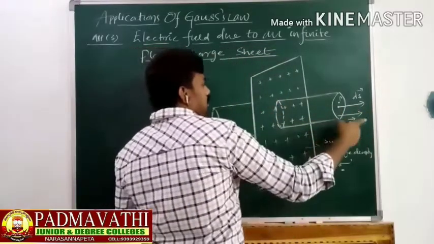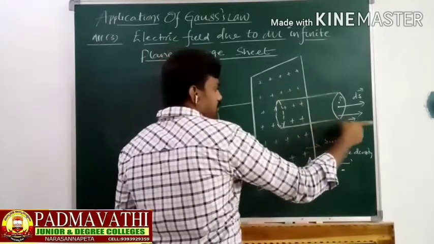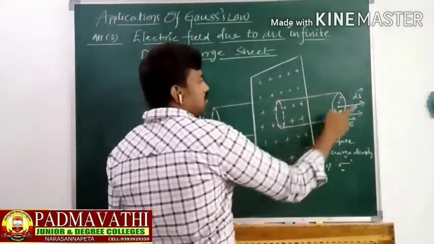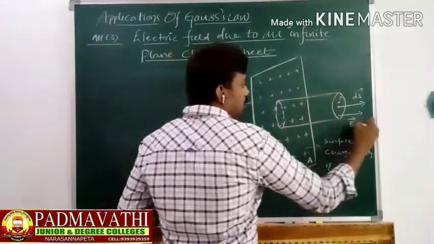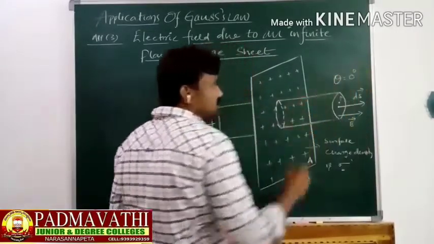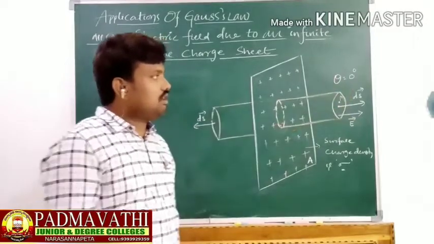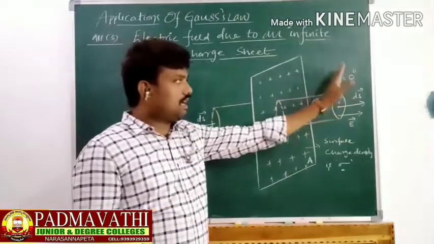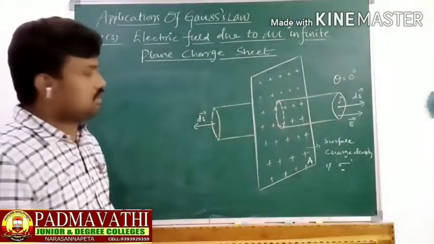So the electric field direction will also be the same. So here dS bar and E bar are going to be parallel. So theta will be equal to 0 degrees, since the angle between these two is 0 degrees.